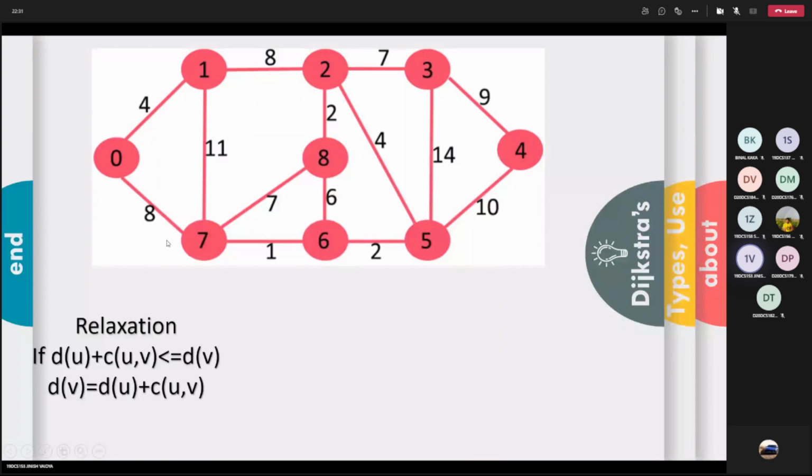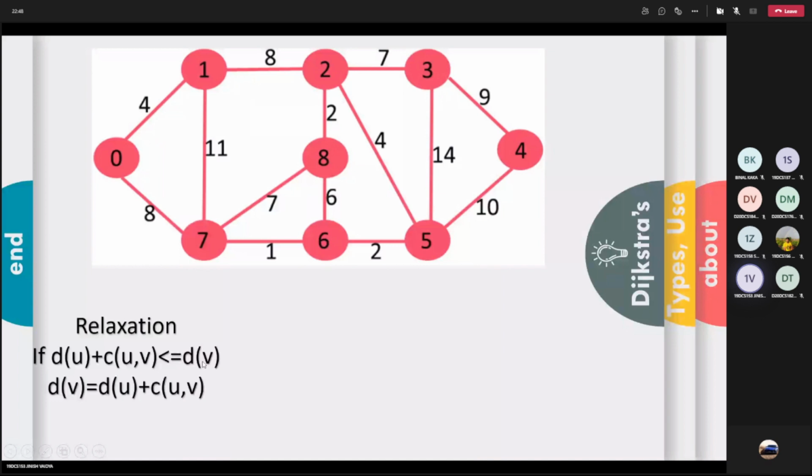Here relaxation is du plus c(uv). Here du is the distance till u, and c(uv) is the distance between node u and node v. If it is less than the distance of vertex v, then we will consider that distance.